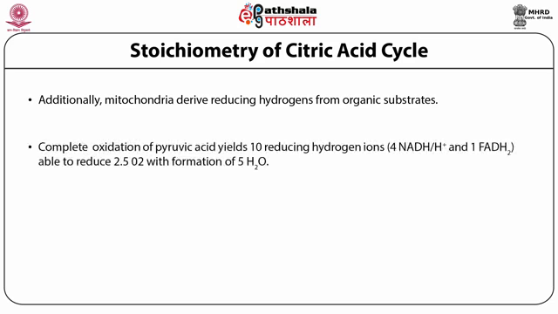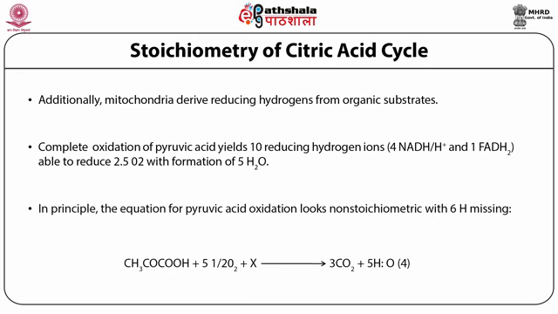Complete oxidation of pyruvic acid yields 10 reducing hydrogens, as 4 NADH plus H plus and 1 FADH2, able to reduce oxygen and form 5 water molecules. In principle, the equation for pyruvic acid oxidation looks non-stoichiometric with 6 hydrogens missing.